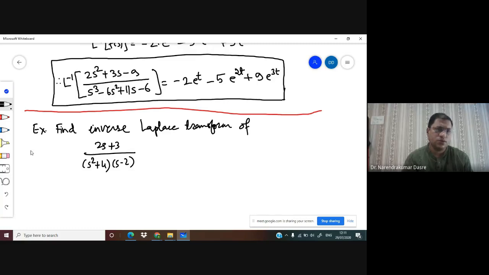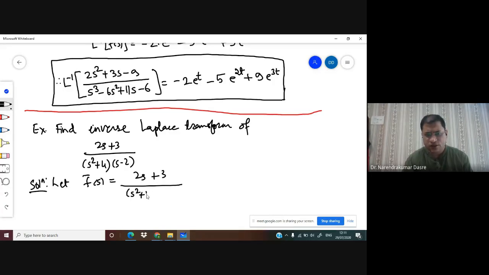Okay. So that's what the example is. So we have the solution. Let f bar of s is equal to 2s plus 3 upon s square plus 4 and s minus 2.